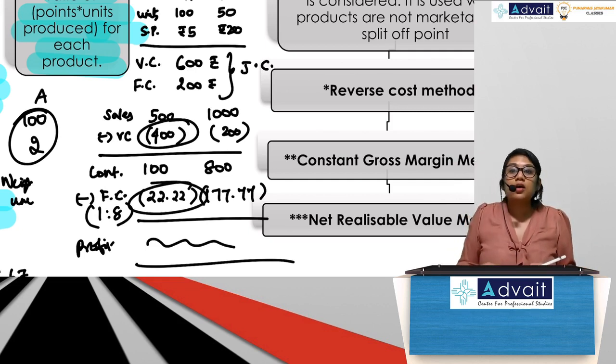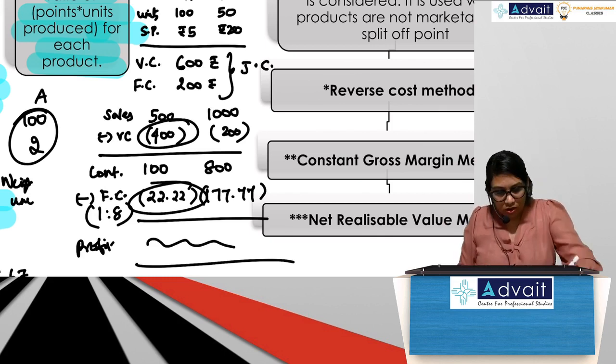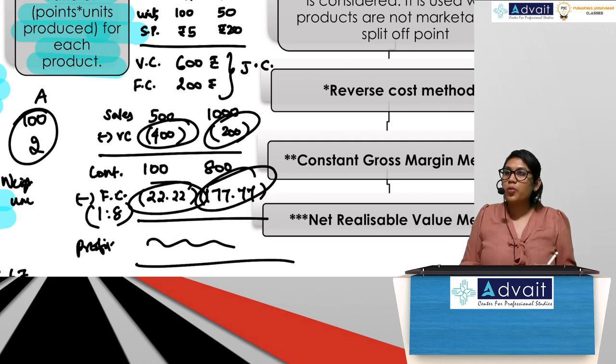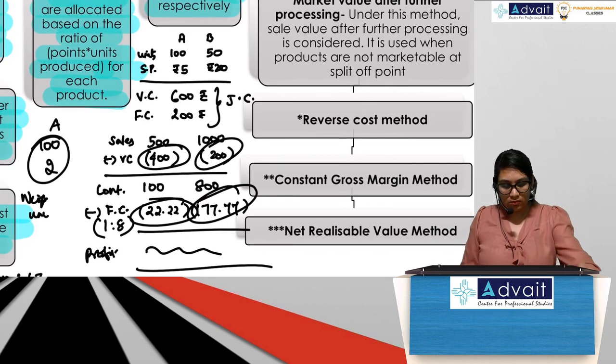And for B joint cost, you will say 200 plus 177.77. That is your contribution margin method. Guys, is it okay? I hope you are copying all this down.